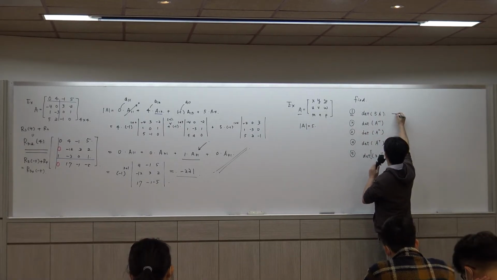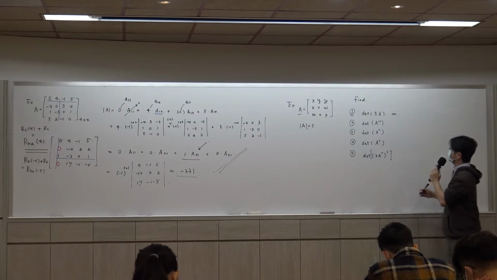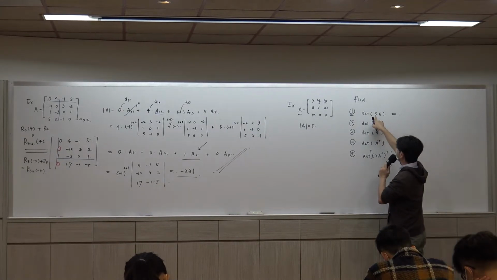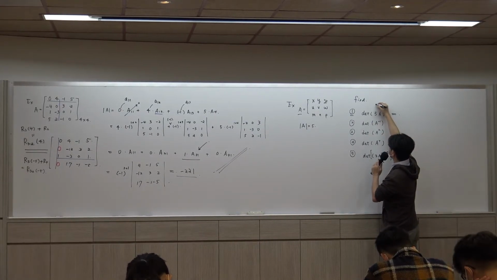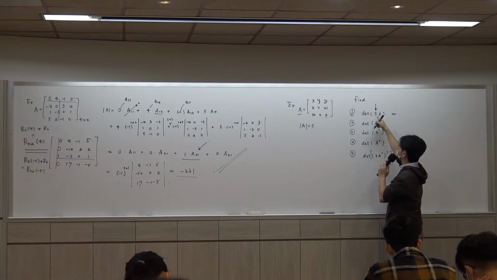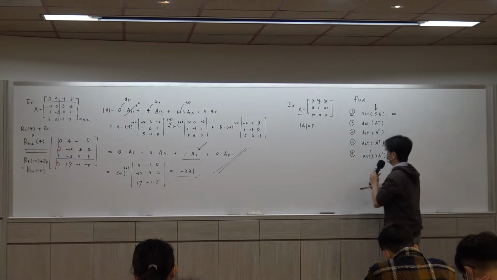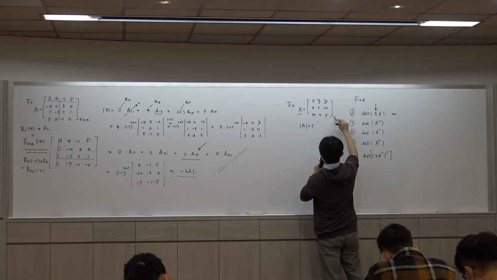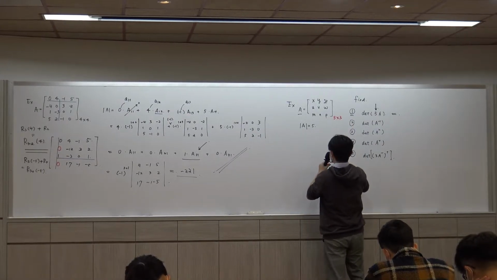The first one is the matrix times a constant. So here is a 3 by 3 matrix.